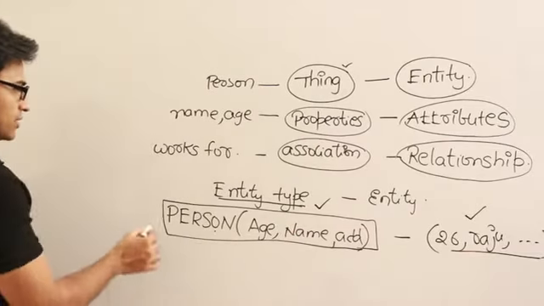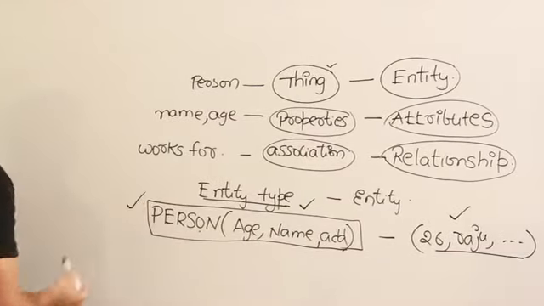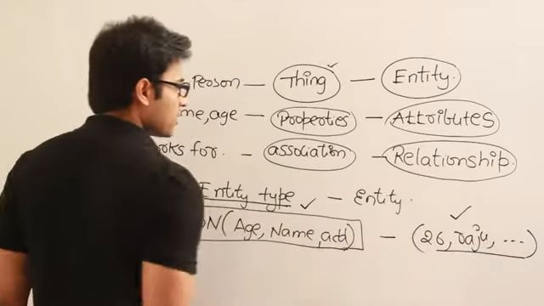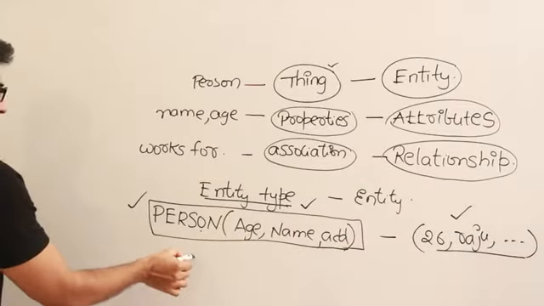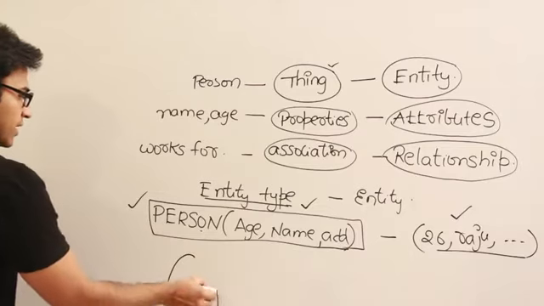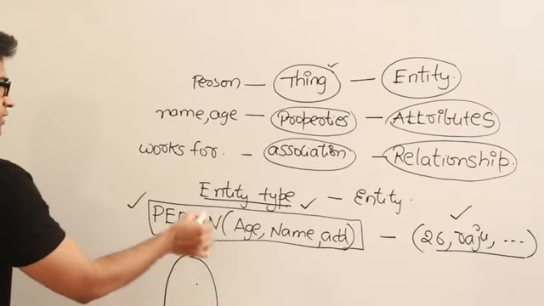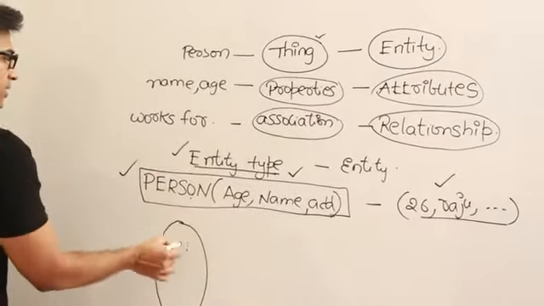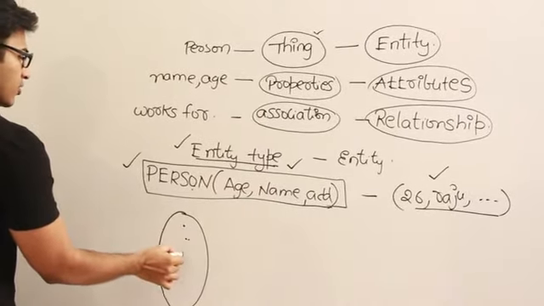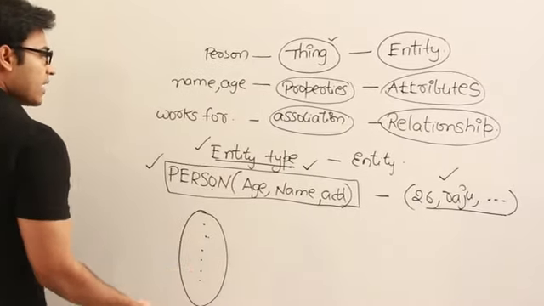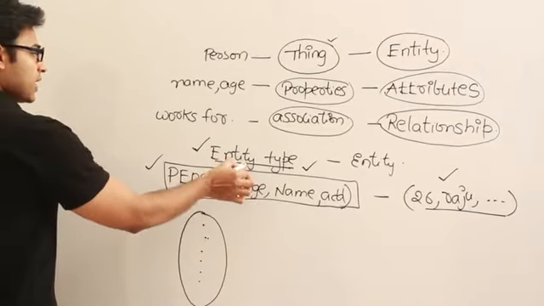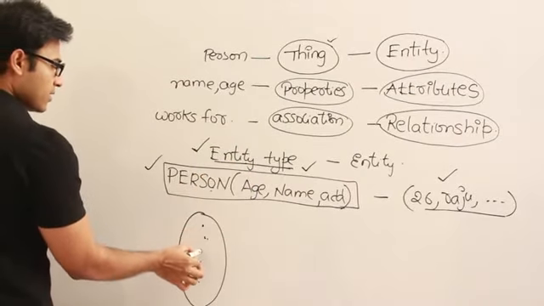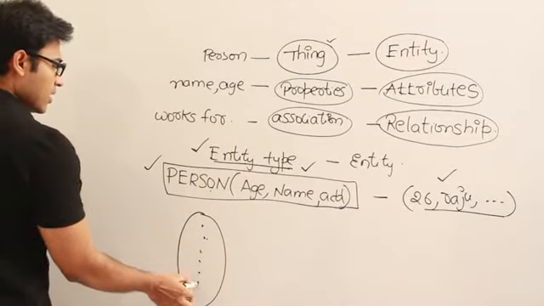Now sometimes it is also called intension and extension. So if you want to think of it as set theory, right, this entire set, the name of this set is called the entity type and the elements in this set are called entities, right? We are not going to change entity types, but we might add and delete some elements in the entity type.